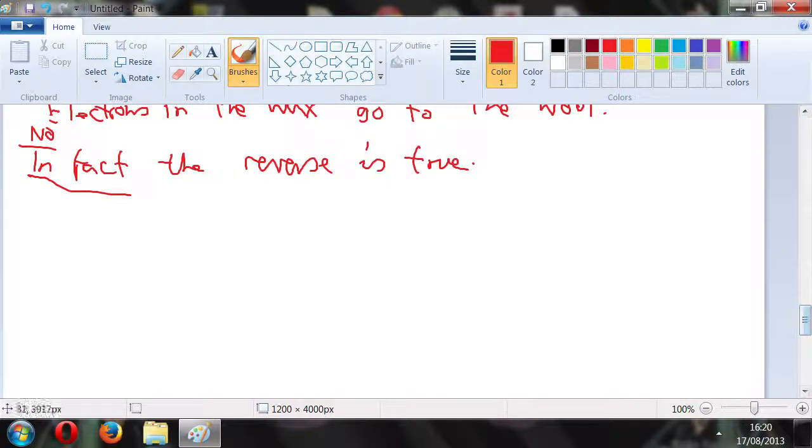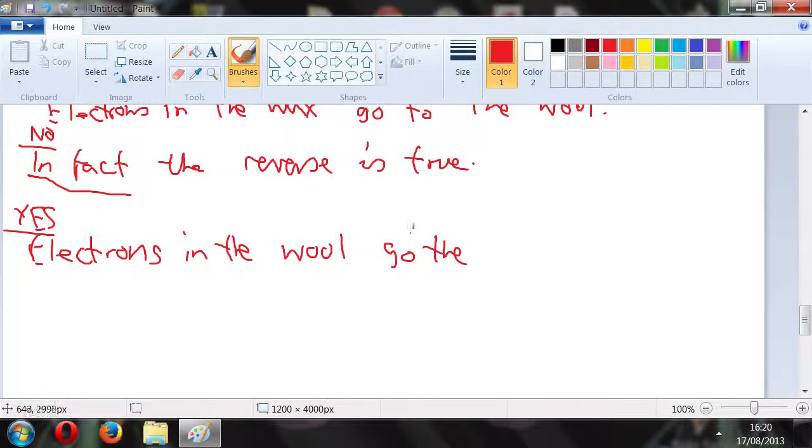The electrons in the wool go to the wax. So this is the opposite.